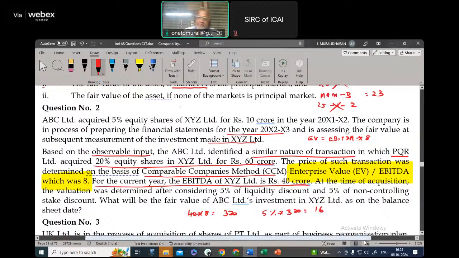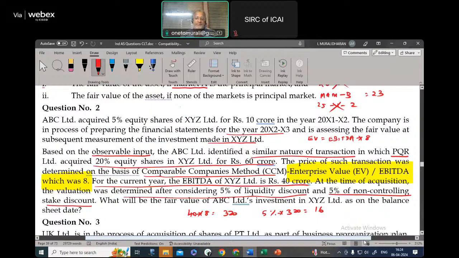Correct? At the time of acquisition, valuation was determined after taking into consideration 5% liquidity discount, 5% for non-controlling interest, that is non-controlling stake discount.